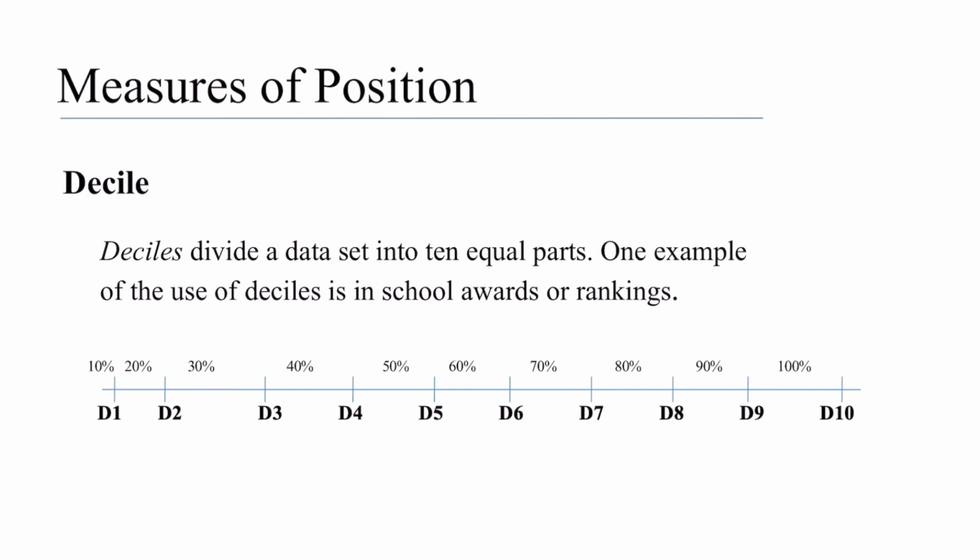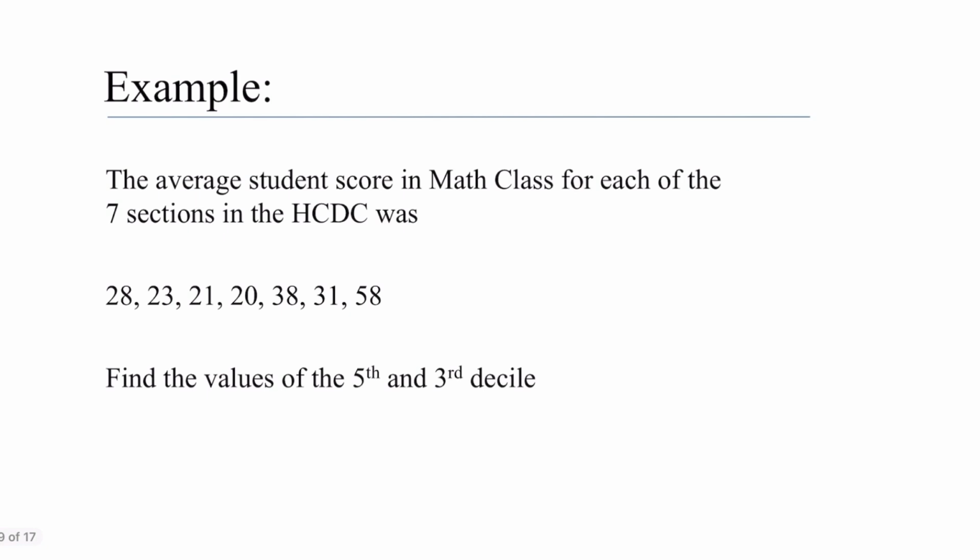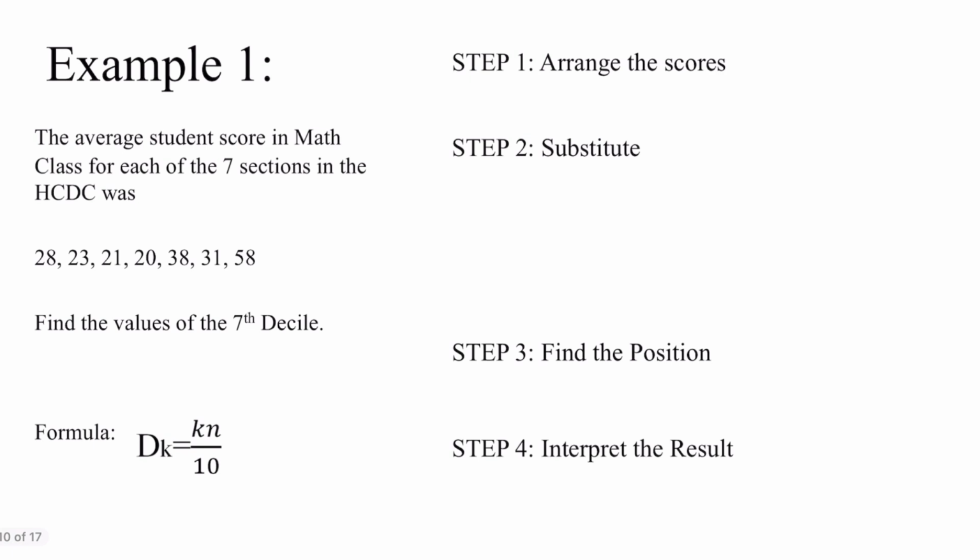Let's have an example. The average student score in math class for each of the 7 sections in HCDC was 28, 23, 21, 20, 38, 31, and 58. Find the values of the 7th and 3rd decile. Again, we're going to start by looking for the 7th decile.